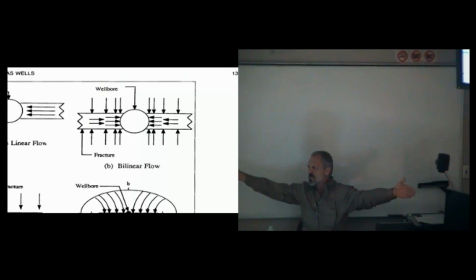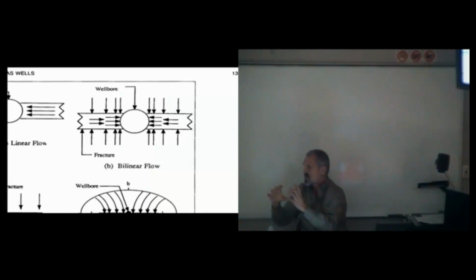That means we've completely gas flooded our water-filled fracture, and we're no longer producing any water out of the frac. If you had a sand pack that was full of water and took it down to the lab and started running gas through it, the first thing that's going to come out is water, and after some point in time you're at irreducible water, and the only thing that's going to come through is gas. When you're at that point, you're out of bilinear flow.